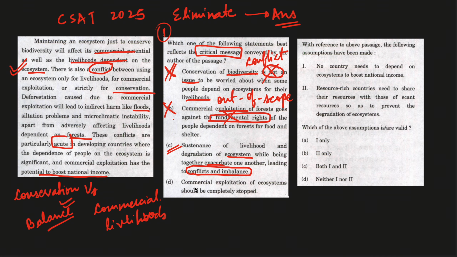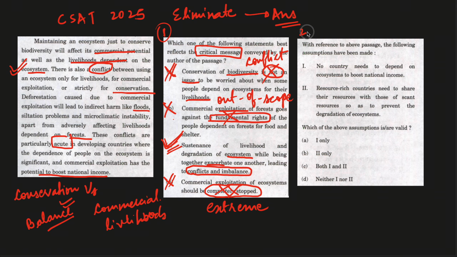Option D. Commercial exploitation of ecosystem should be completely stopped. Again, another fundamental rule is anything which is extreme has to be eliminated. This option says complete stopping of commercial exploitation. The passage nowhere speaks about complete stopping. So the only option that is left is option C, and that is the right answer.